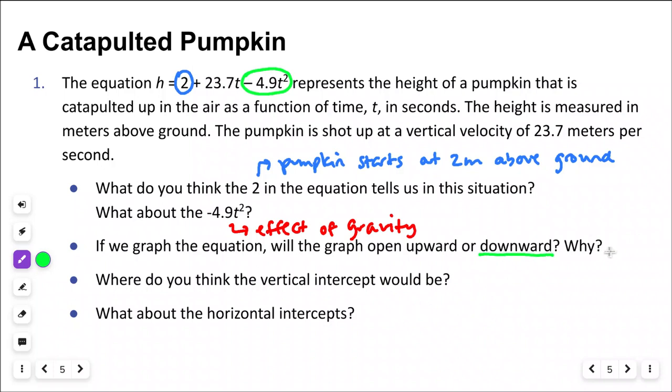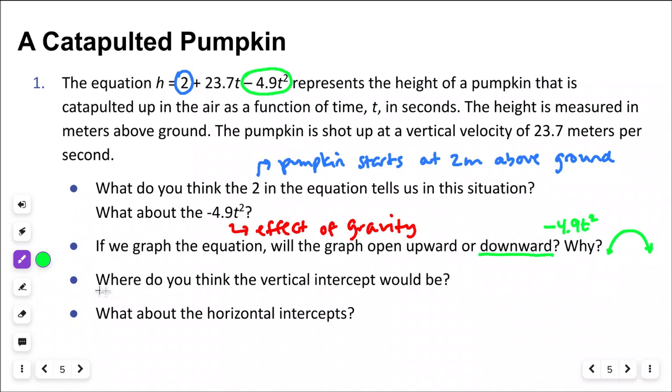That means our pumpkin is going to fly up into the air and then come back down, and our parabola is facing downward. Downward just means those arrows are facing down. Why? How do I know that? I know that because of that negative 4.9t squared. If that term was positive, it would mean it's facing upward.